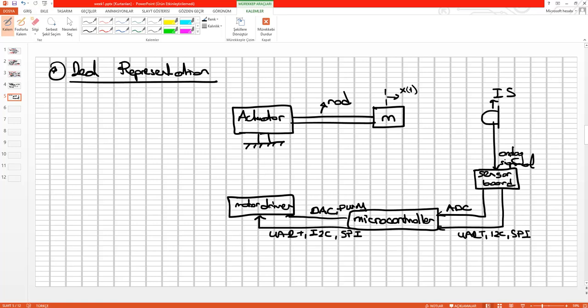So this motor driver drives the actuator, like this one, current 2 and current 1. Maybe I1 is utilized to rotate the motor to the right hand side, or I2 is used to rotate to the left hand side, or left rotation, of this actuator, okay?